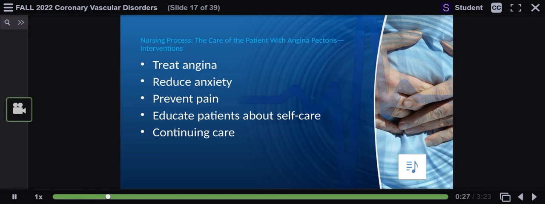We want to make sure the patient sits or rests in bed, preferably in a semi-Fowler position. You want to assess the patient while performing other necessary interventions, such as your vital signs, observing for respiratory distress, assessing for pain, and for most obvious reason, you want to do your EKG.